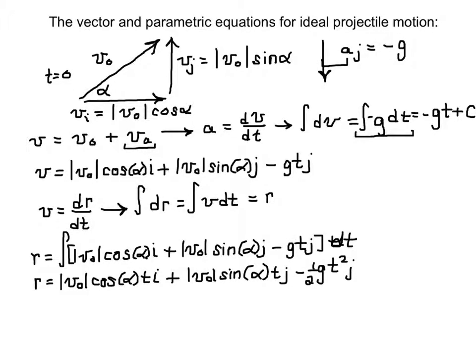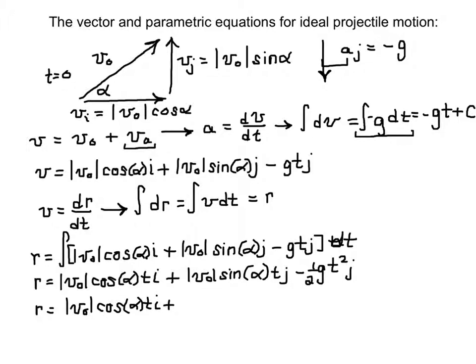Now we can simplify this and put it totally in its component form. In our I direction, we have v naught times the cosine of alpha times time. That's in the I direction.